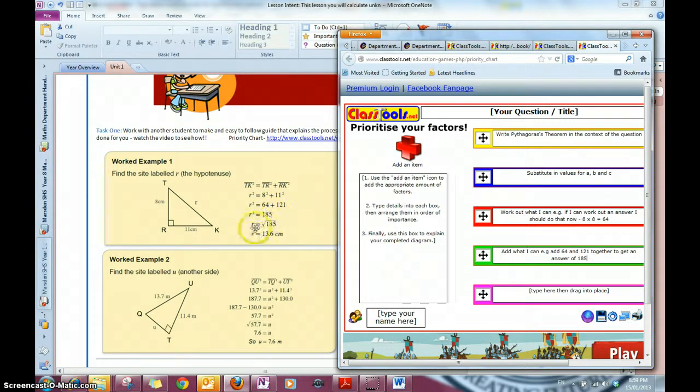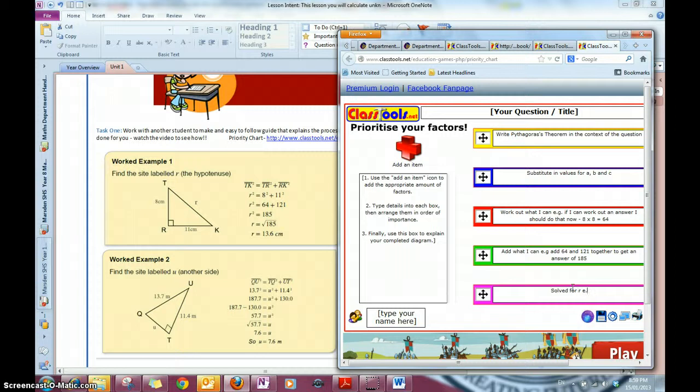So for this step here, or in this question here, we've solved for r.